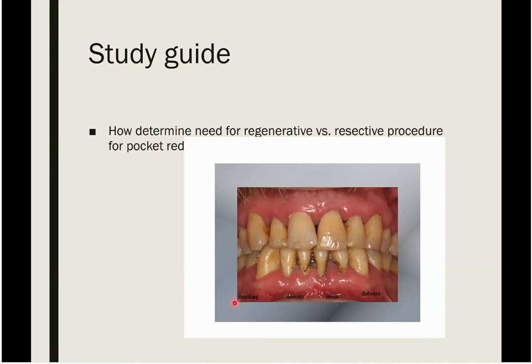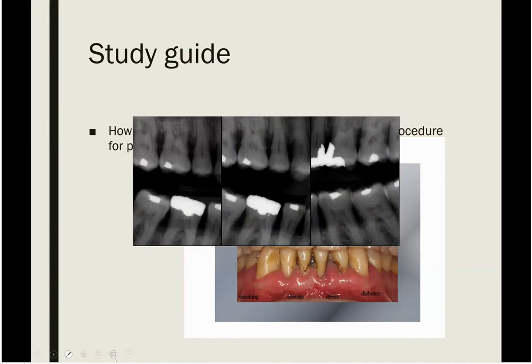So that's at least four things that could push this patient to be a grade C in terms of the rate of progression and risk of progression of disease. And these are the bitewings of this patient.